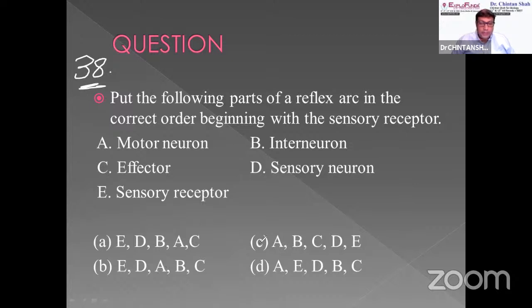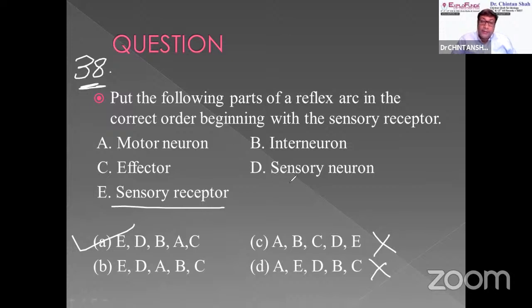A, B, C, D. Okay. So these are already wrong because it is already said that you have to start with the sensory receptor. I believe A is the right answer. Why? Because E means sensory receptor. Then after it will go to the sensory neuron.